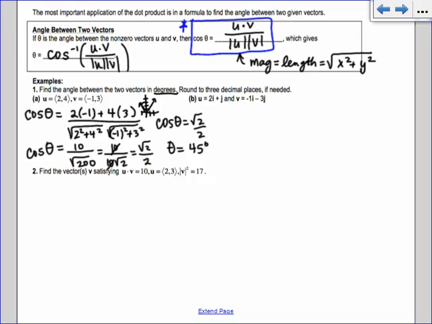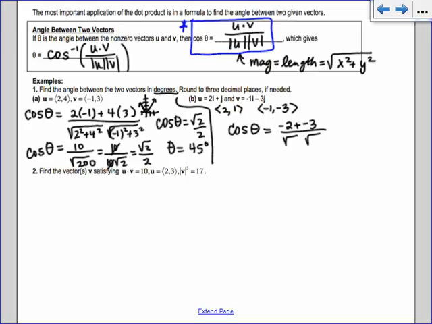Okay. So the next one, let's look at it in the vector form, so 2, 1, and -1, -3, like that. So we're going to do cosine of theta equals u dot v, so -2 plus -3, all over magnitude of u, magnitude of v.